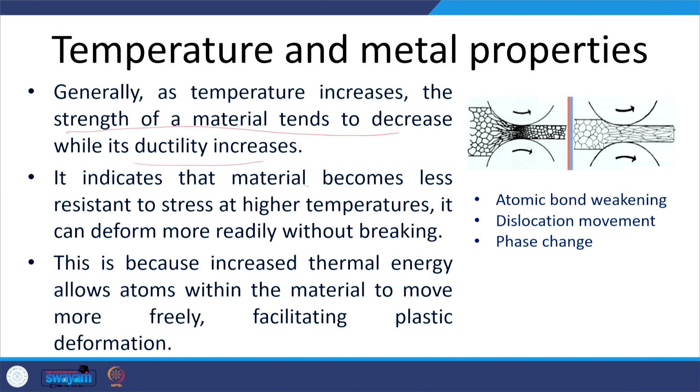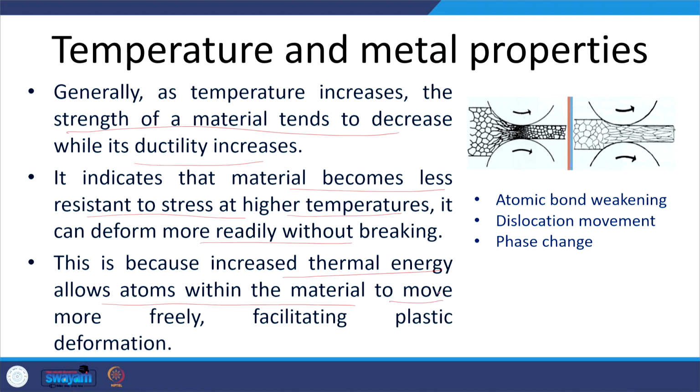It indicates that the metal becomes less resistant to external stresses at higher temperature, and it can be deformed easily without breaking. If the material shows greater ductility, it can be deformed plastically without cracking or fracturing. This is because increased thermal energy allows the atoms to move relatively easily to facilitate the plastic deformation.